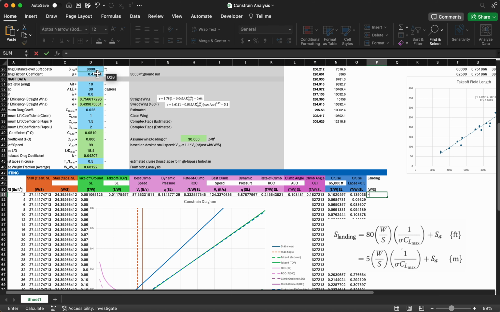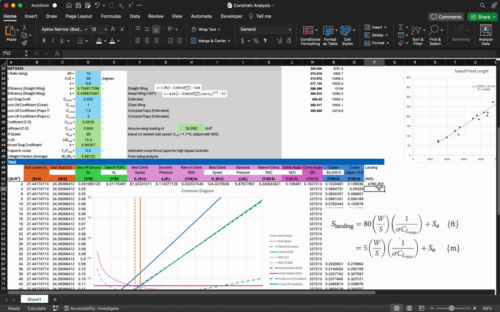It's going to equal our landing distance, and I'm going to divide this by 1.67 just to see what that is. So the landing distance that we should be able to stop within and be adequate to provide sufficient margin of safety, then we're aiming for 4,790 feet for our total landing distance, which is not crazy.